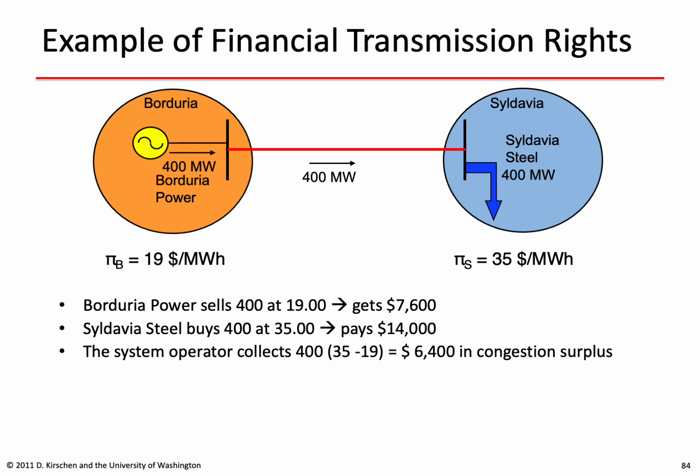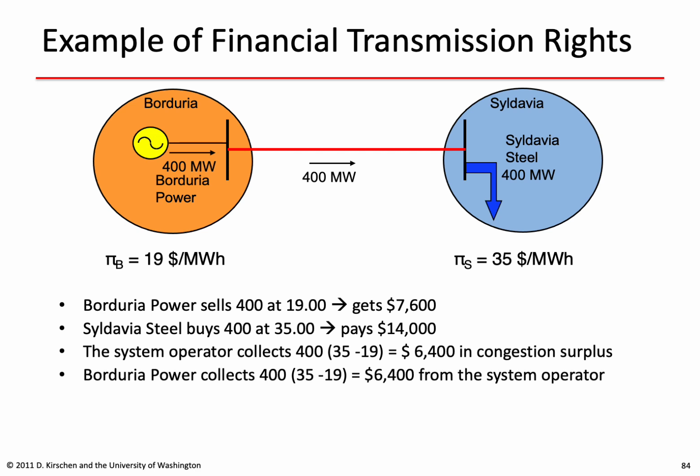The system operator collects 400 times the price difference between Borduria and Syldavia, that's 35 minus 19, or $6,400 in congestion surplus. Borduria Power, because it has bought these financial transmission rights from the system operator, is going to collect 400 times 35 minus 19, $6,400 from the system operator.